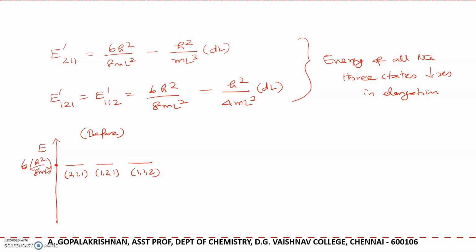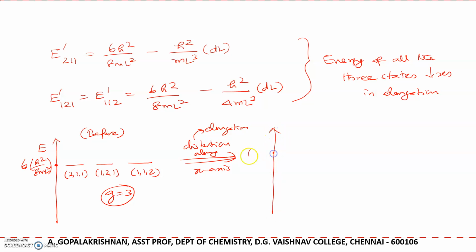All the three states have the same energy, so the degeneracy of this is 3. Now, due to distortion along the x-axis, very specifically, I have carried out elongation along the x-axis.